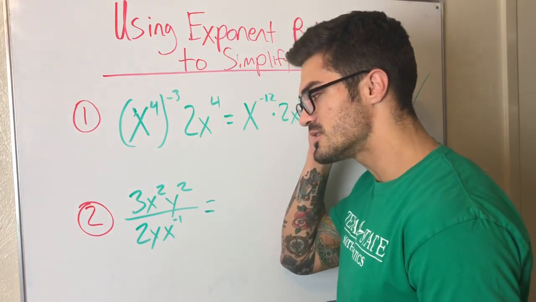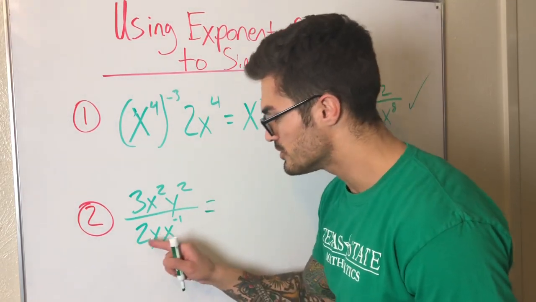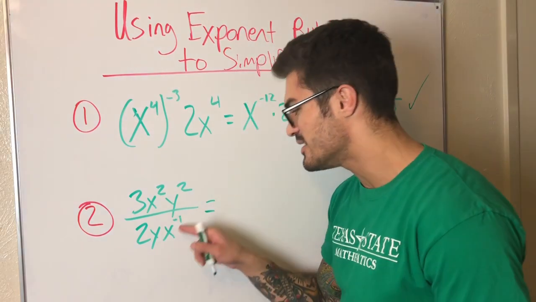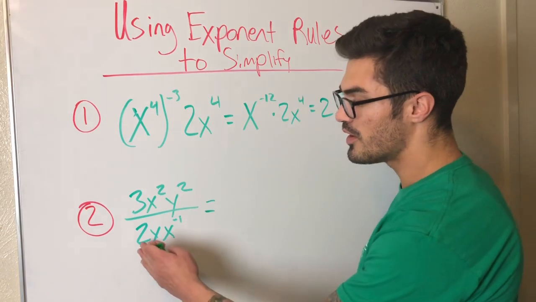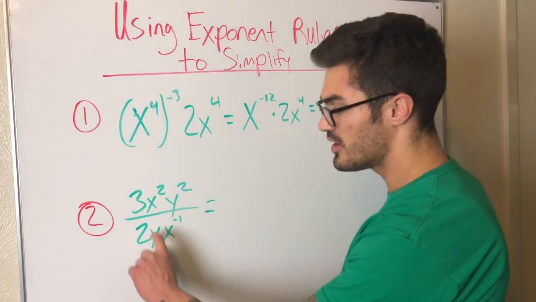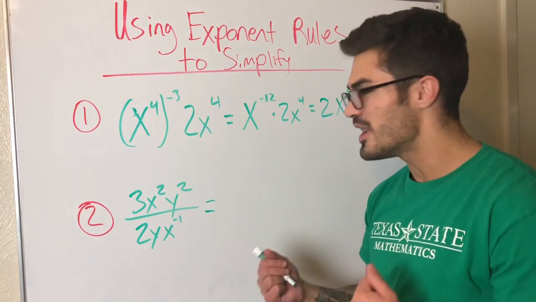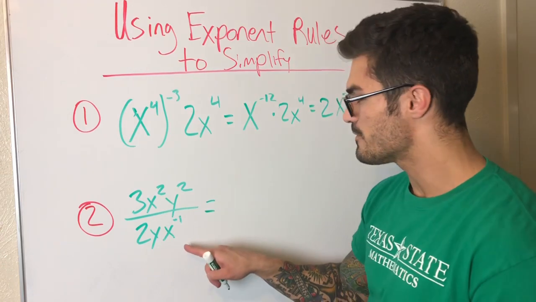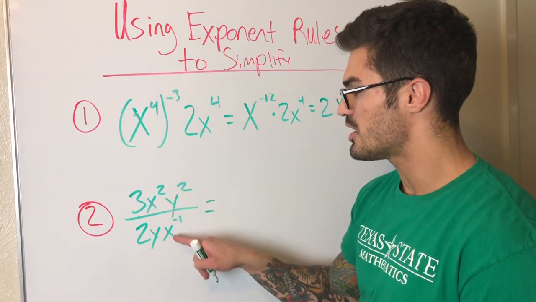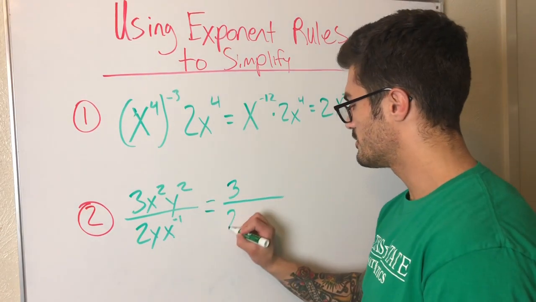Okay, so we'll go ahead and do this example. 3x squared y squared all over 2y x to the negative 1. In this case you can split it up if you want into 3 fractions and get all the constants and then all the x's and all the y's. But I think we're ready to just do this. So top exponent minus bottom exponent. I have the 3 over 2, and that just stays.